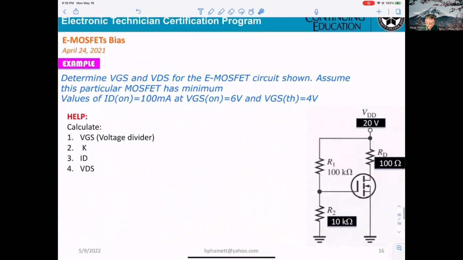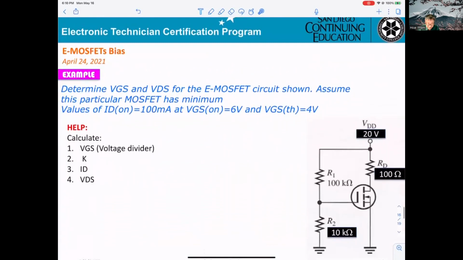Let's see, example. Find the VGS and the VDS for the E-MOSFET circuit. Assume this particular MOSFET has a minimum value of ID(on) of 100 milliamp at VGS 6 volt and VGS(TH) equal 4 volt. So now they want you to do that calculation.